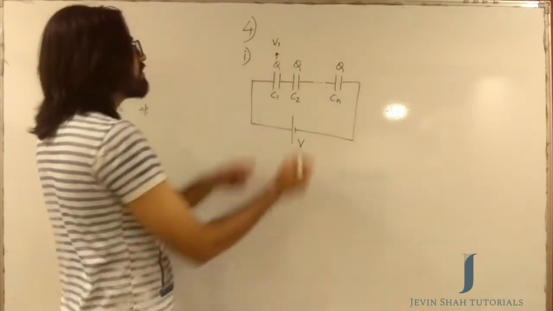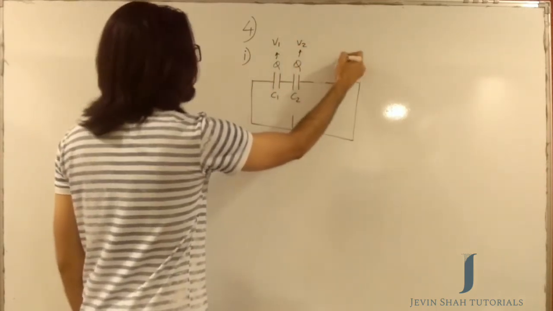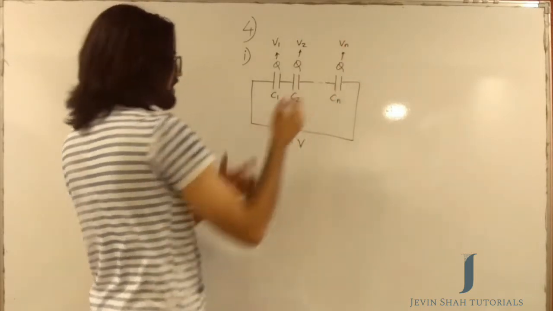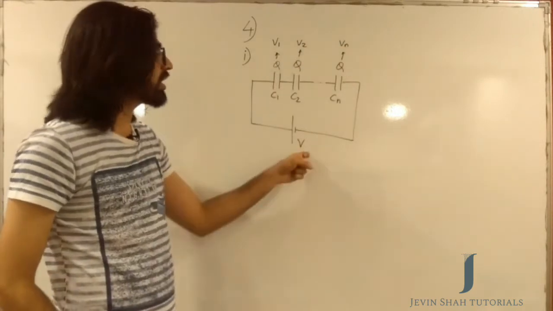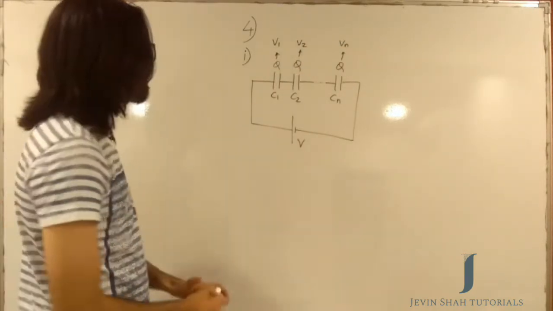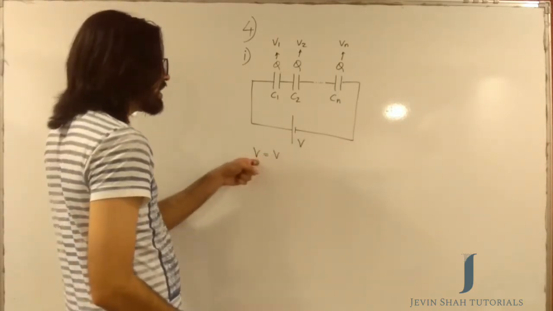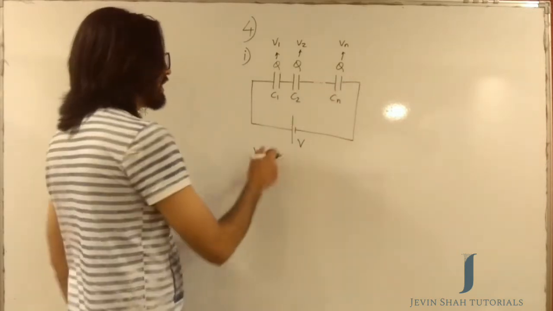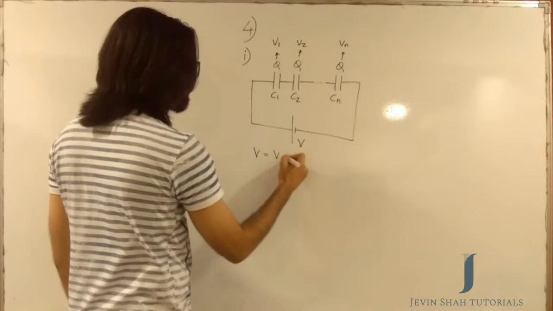So let's say V1 volts appear on the first capacitor, V2 appear on the second, and Vn appears on the nth capacitor. And a total of all these potential differences will be the potential difference or the EMF of the battery itself. So write an equation now. I just said that the total EMF of the battery V will appear on the capacitors, and that is why this V will be equal to V1 plus V2 and so on up to Vn.